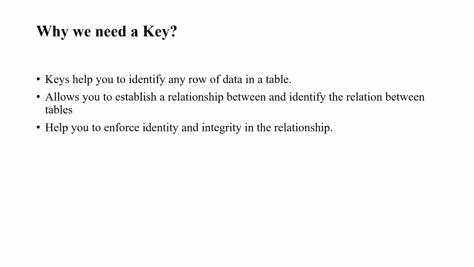So, it allows you to establish a relationship between 2 tables and also identify the particular record from the 2 tables. Another reason is that it enforces identity and integrity in the relationship. Because of that we need a key in DBMS.